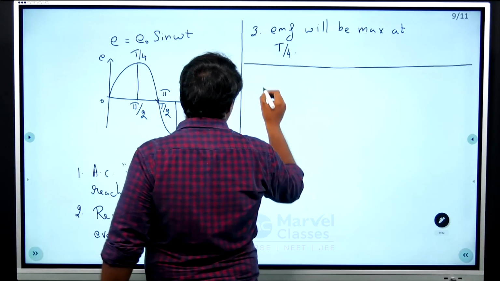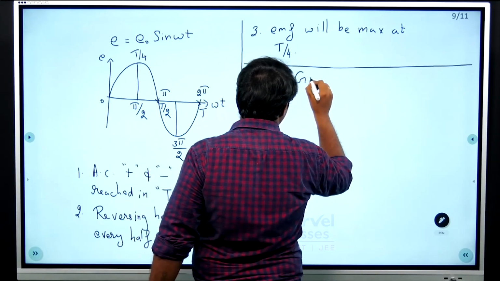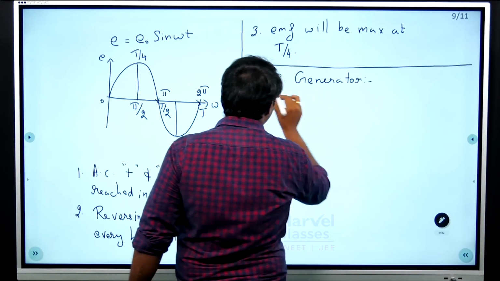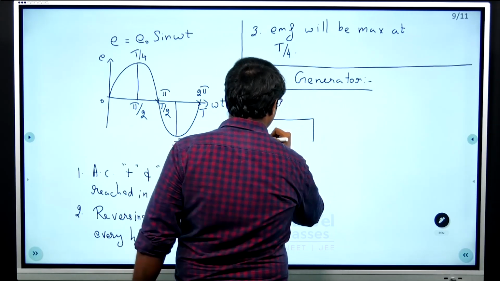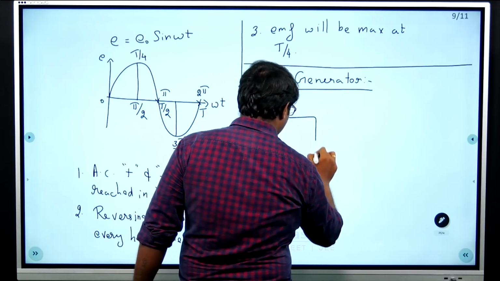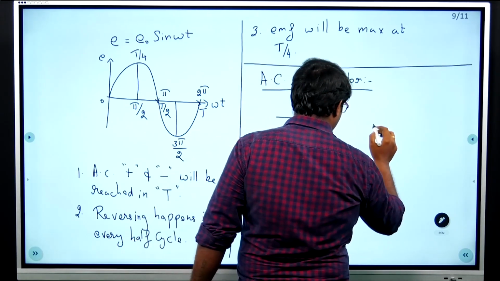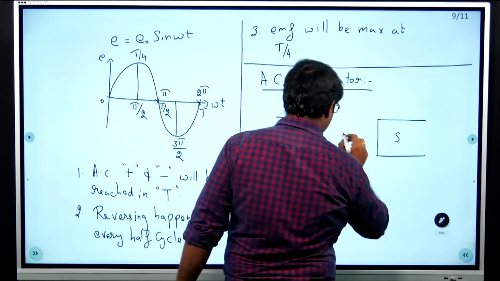So what is an AC generator, by the way? Very, very simple. Here we have a north pole. Here we have a south pole of a magnet.